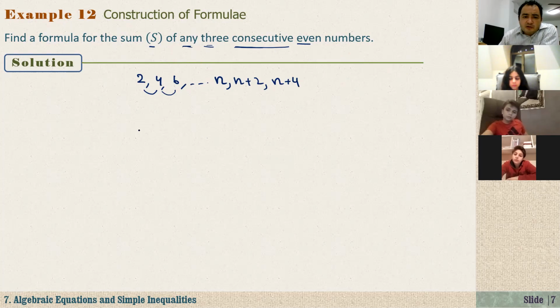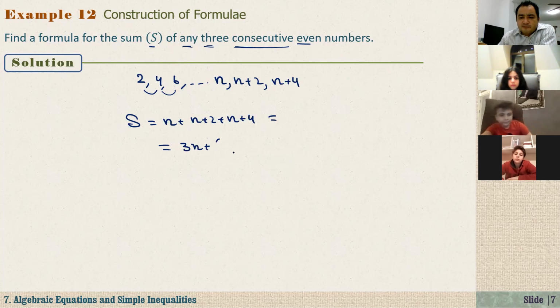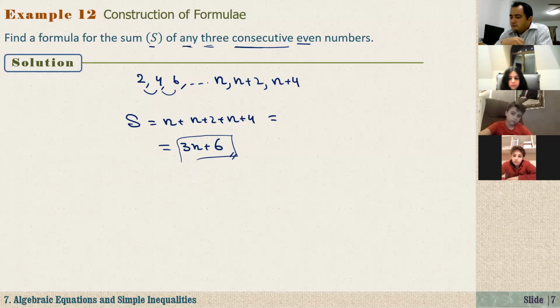So now the sum of these numbers will be n plus n plus 2 plus n plus 4. Now if you simplify this, n and n and n, it is 3n, and here we have 6. So if you just pick any consecutive number, n is the smallest one, that is a formula for the sum of three consecutive numbers.